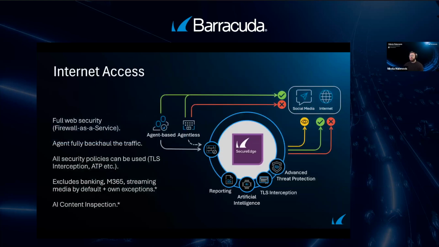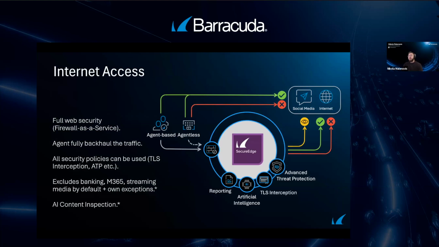Yeah. So with agent-based and agentless deployments, we have only base level DNS security, right? But we have many customers that have a higher security demand. For example, they want to have TLS inspection and advanced threat protection and AI content inspection and all the other next generation firewall capabilities.